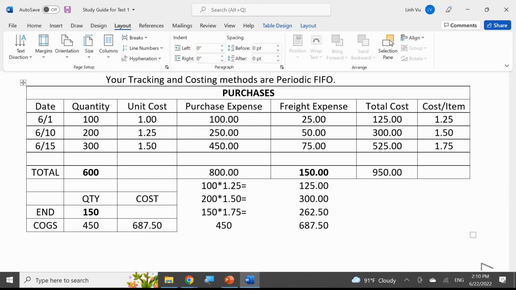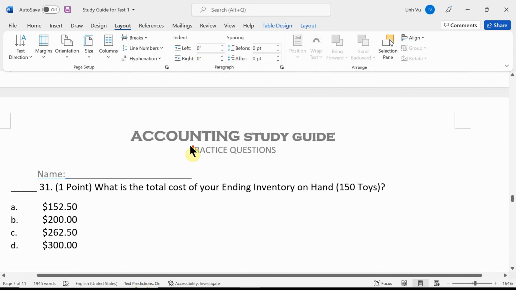Okay, and then what is my grand total for my ending balance? So the difference between 950 and the cost of the goods sold is $262.50. Okay, so let's answer the questions.